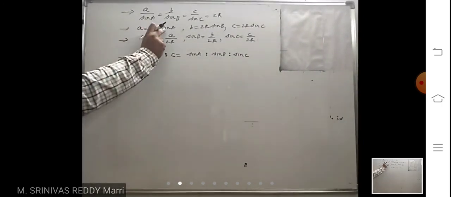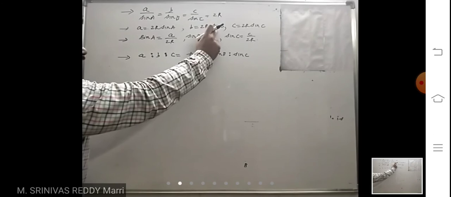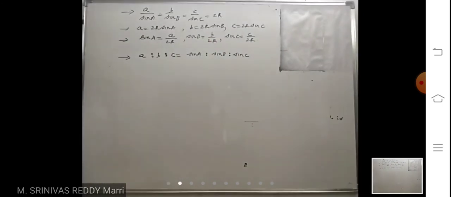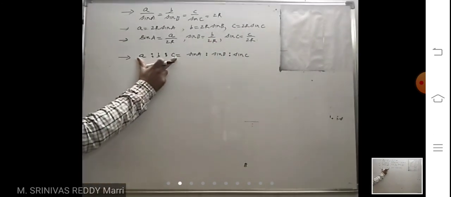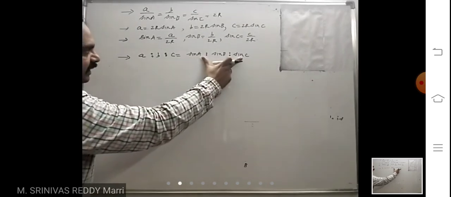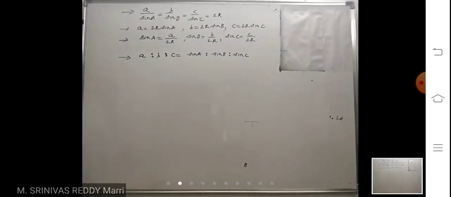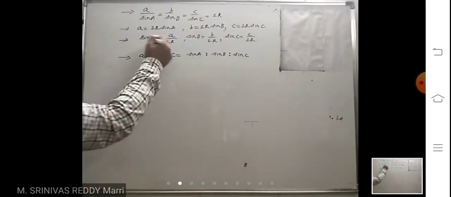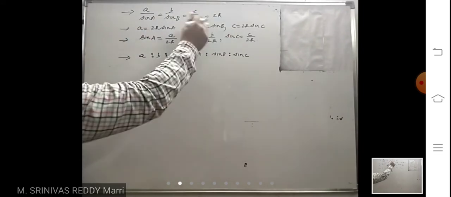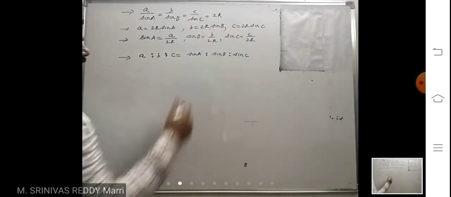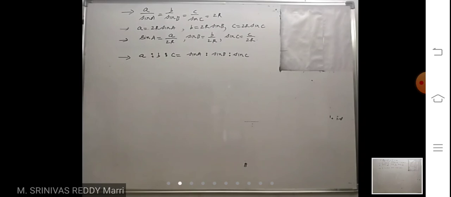Look here: 2R sin A : 2R sin B : 2R sin C. That means ratio of sides is same as ratio of sines of opposite angles to them, sin A : sin B : sin C. Like that conversion. Whenever angle is there, you write sin A by 2R, sin B by 2R, sin C by 2R. Right? Conversion.